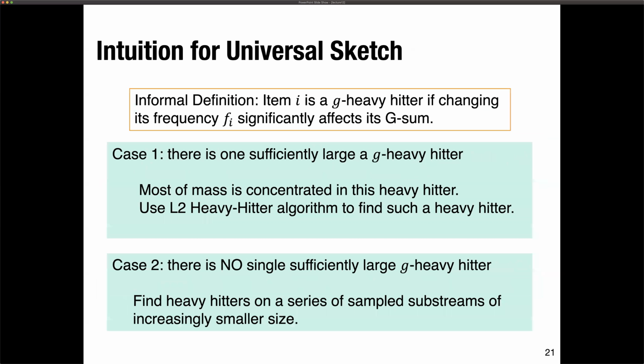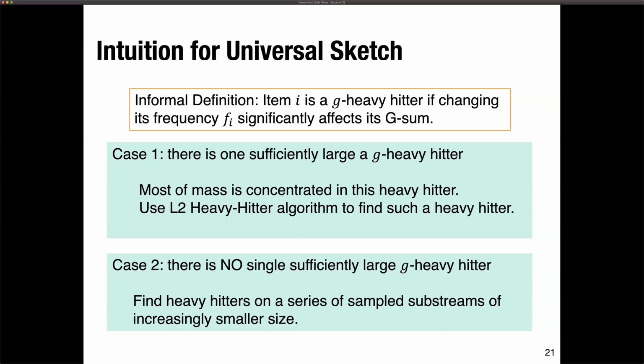And as long as that is the case, if there is an item which is a heavy hitter in the L2 norm case, then it will also be a heavy hitter for the GSUM. And there are two possible cases. One is that if it is sufficiently large, then most of the mass is concentrated in this heavy hitter, so an L2 heavy hitter algorithm is good enough for this case.